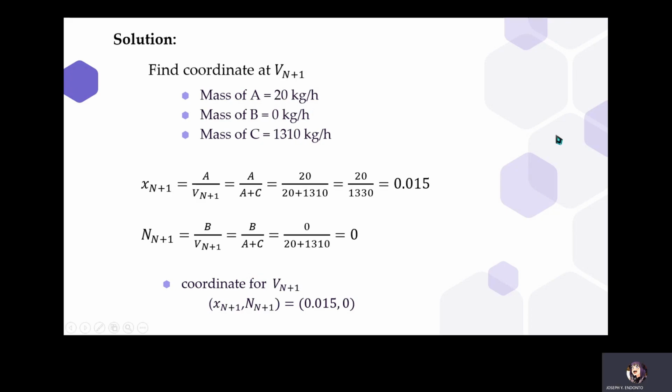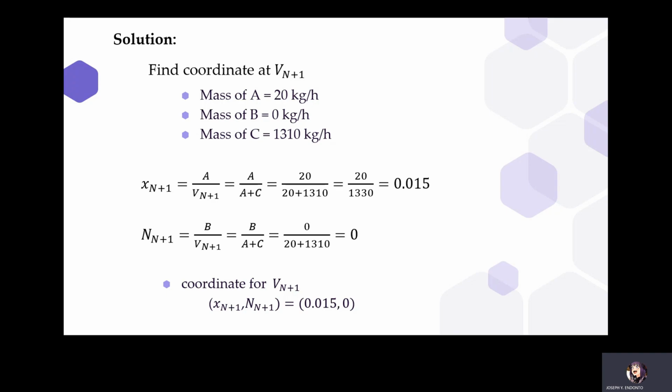So next is to find the coordinate at V sub n plus 1, which is the entering solvent. And as you can see, the mass of A, B, and C are given. So in order to get the coordinate for V sub n plus 1, we are going to get the value of x sub n plus 1 and N sub n plus 1.